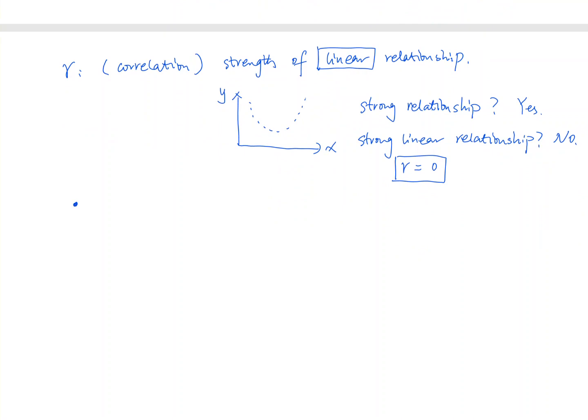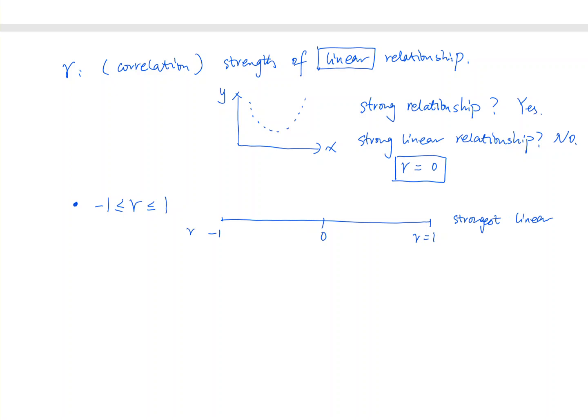Alright. Okay, so this is the correlation, and for the correlation we have several properties. Right, the first property, it always has a range from -1 to 1 inclusive. Right, so if we draw the picture, it is from -1 to 1, middle with 0. Right, so we say when r equals to 0, we have the strongest linear relationship.